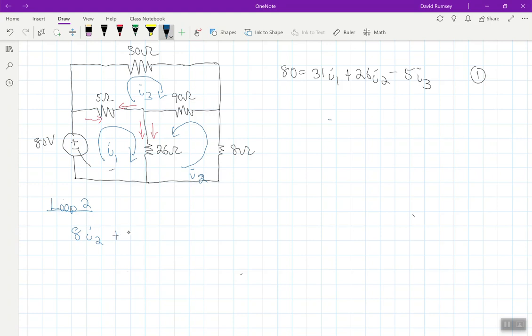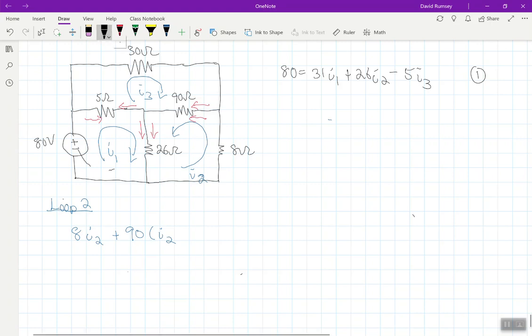And now I'll just move on to the next one, which is the 90 ohm resistor. I'm in loop 2, so this is going to be I2, and it's positive automatically. But this I2 is going to the left through the 90 ohm. And what is I3 doing? It's also going to the left through the 90 ohm.